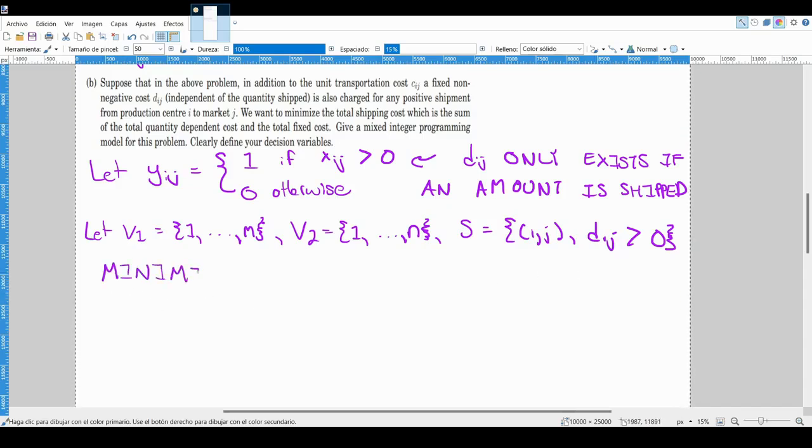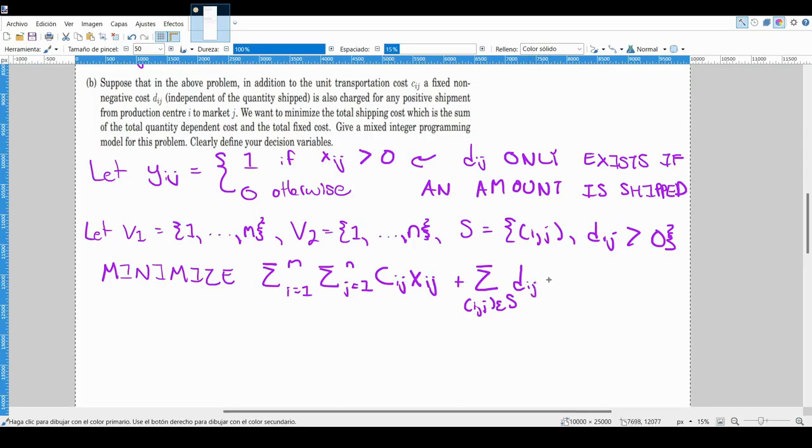We'll have a minimize as the objective function again, and we'll have the same thing as before. We'll go through each production center and each market, Cij, Xij. However, to incorporate the non-negative cost that is fixed, for each pair in S, so for each pair where the cost is positive, we'll have dij times yij.